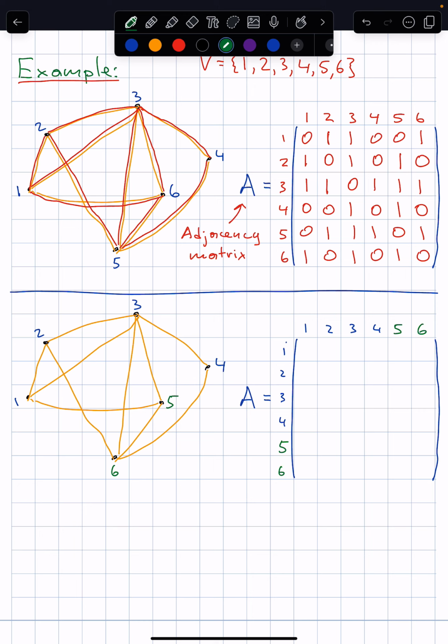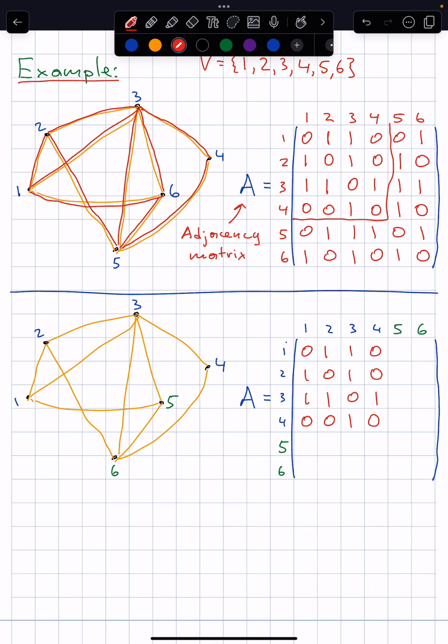The matrix is going to be slightly different. In fact, the first 4 rows and the first 4 by 4 portion of it is going to be just the same, because those are the same vertices. So we got 0, 1, 1, 0, 1, 0, 1, 0, 1, 1, 0, 1, 0, 0, 1, 0.